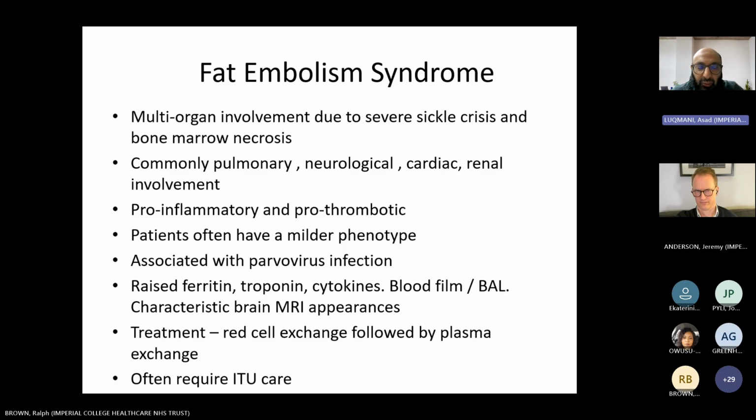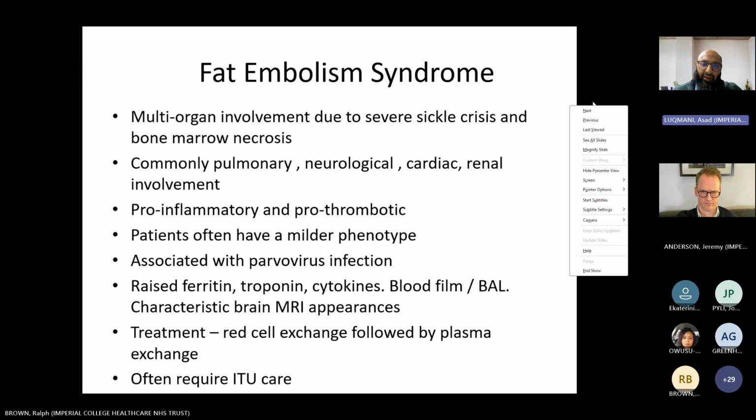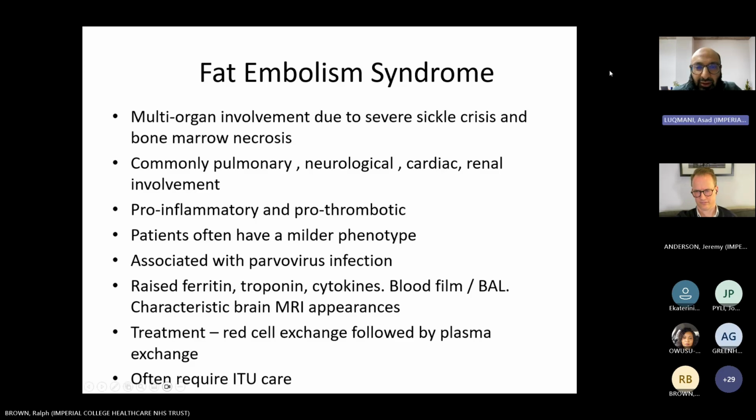And generally treatment would be to do an emergency red cell exchange followed by plasma exchange to remove the fat particles and the inflammatory cytokines which are released in this situation. The importance of that is really just to recognize it so that it can be directed to the appropriate specialist center and managed appropriately.